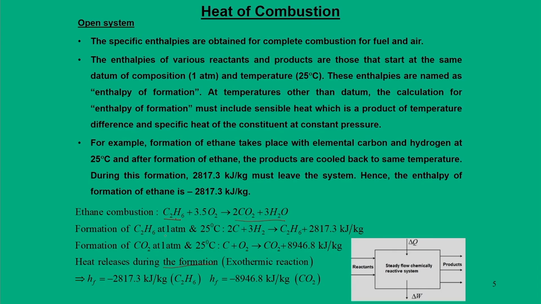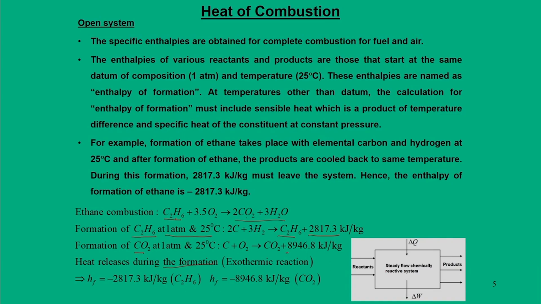If you take a reference condition of 1 atmosphere at 25 degrees centigrade, the chemical formula for ethane is C2H6, where 2 carbon atoms react with 3 molecules of hydrogen to form ethane, and during this formation of ethane there is a heat release of 2817.3 kilojoule per kg. Similarly, the enthalpy of formation of CO2 can be interpreted as 8946.8 kilojoule per kg.